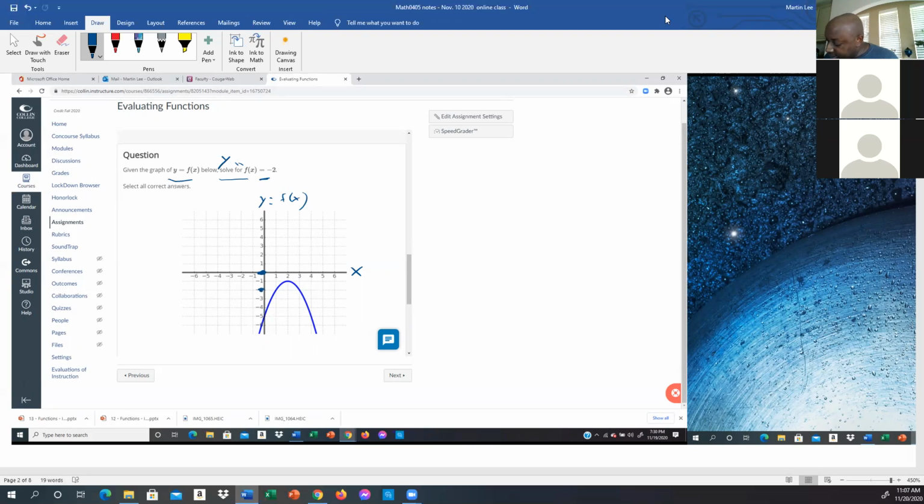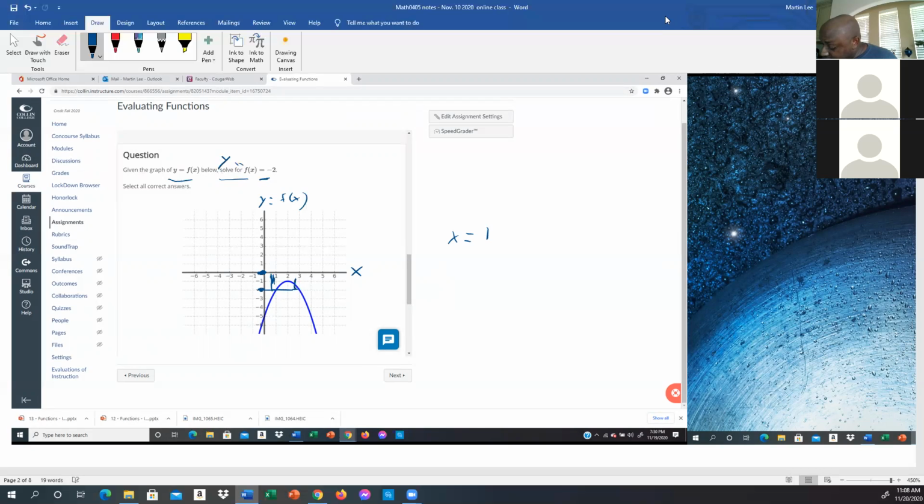Then I move over to my graph to see where I intersect this graph. I intersect it here. Then I go up to my x-axis. So I know that my first x value is when x equals 1. And now I keep going to my right to see where I intersect the graph. I intersect it here.